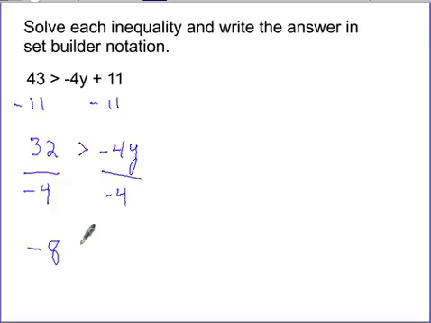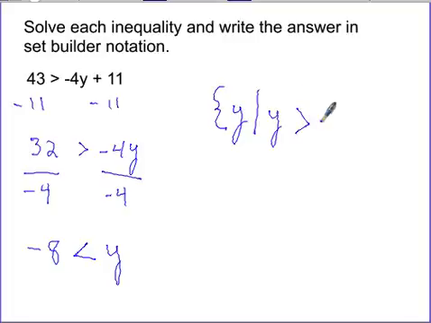Negative 8 is less than y. And then we've got the set of all numbers y such that y is greater than negative 8. Good.